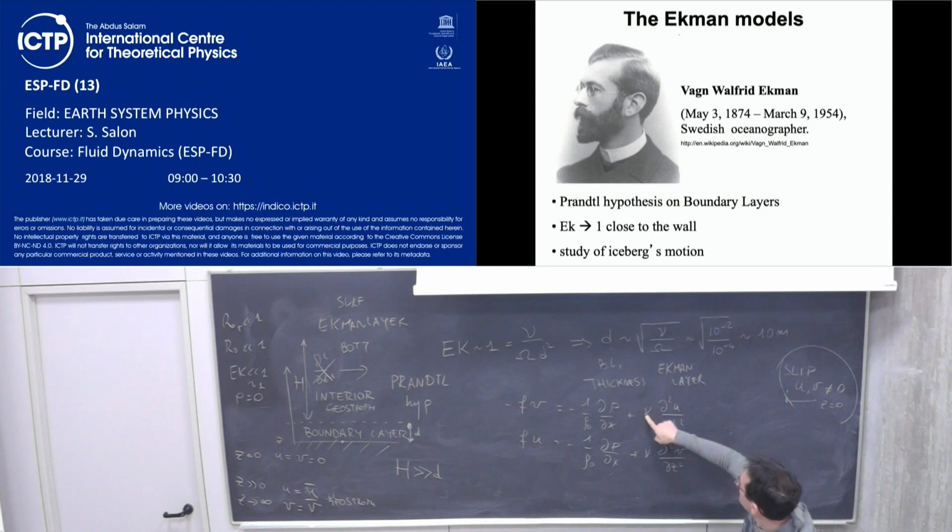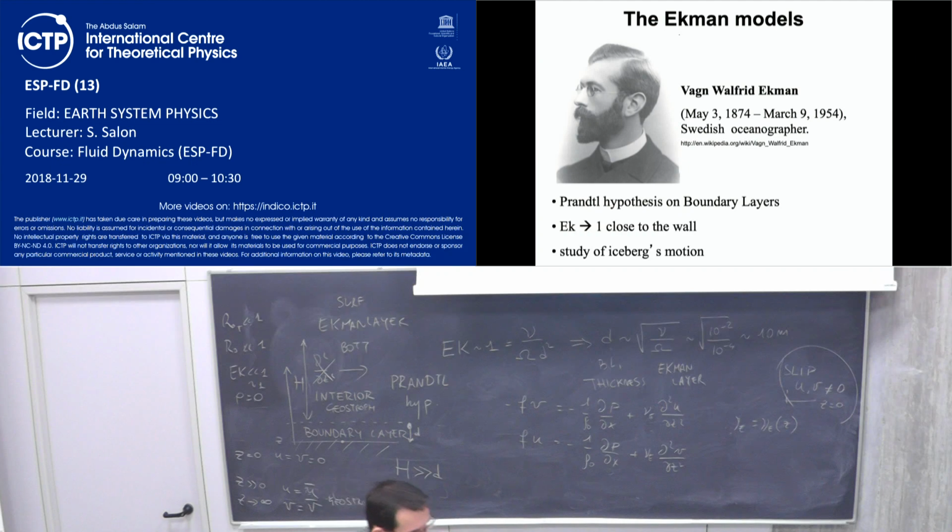Again here I'm using nu, but you can actually use the eddy viscosity. Ekman in his model, and possibly this is one of the major limits of this model, used a constant value of the viscosity, because if you consider a viscosity which is a function of z, it is not so easy to demonstrate. It can be done.